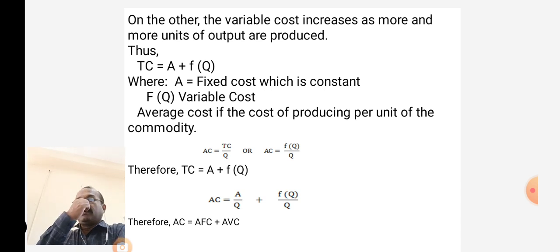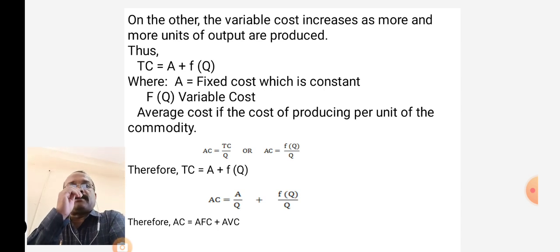Therefore, TC is always equal to A plus f of Q. Total cost depends on Q: TC is the dependent variable, while A and f of Q are the independent variables.